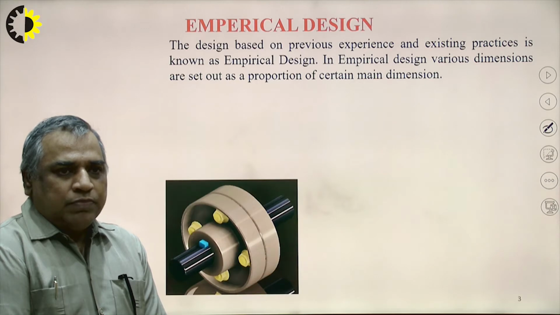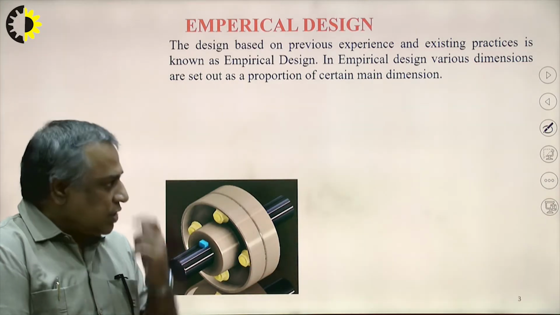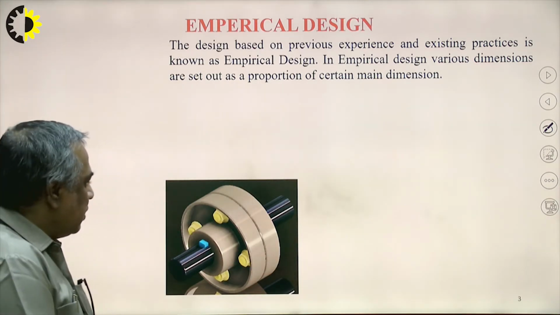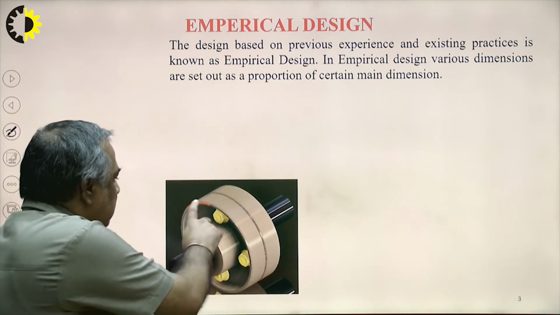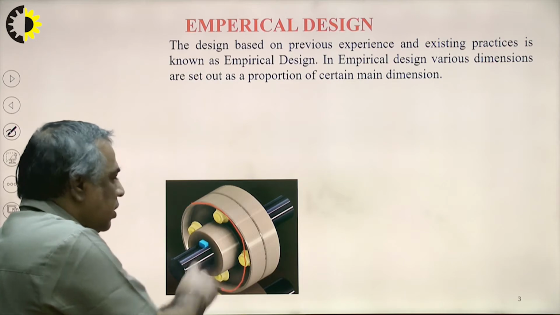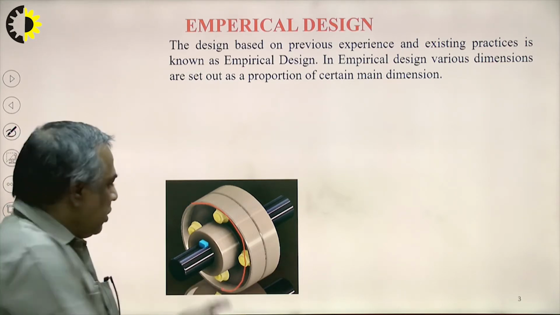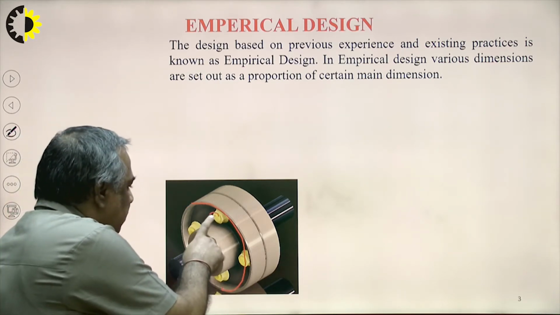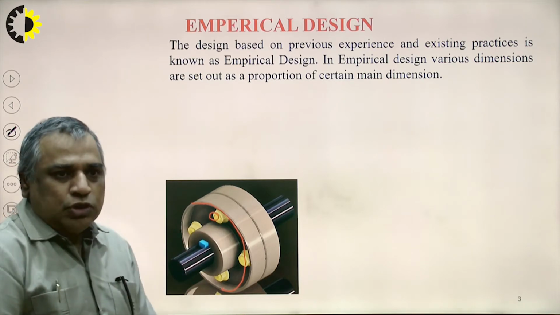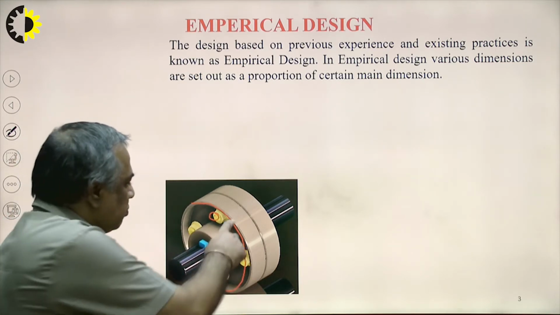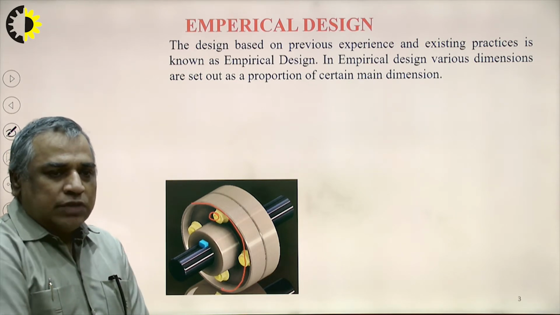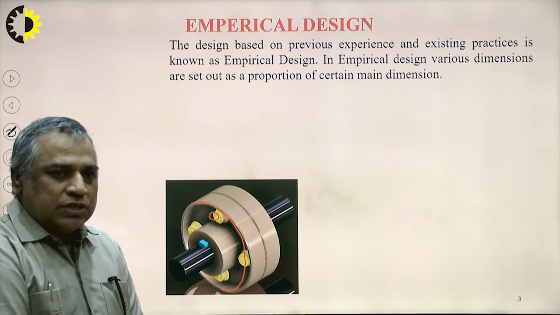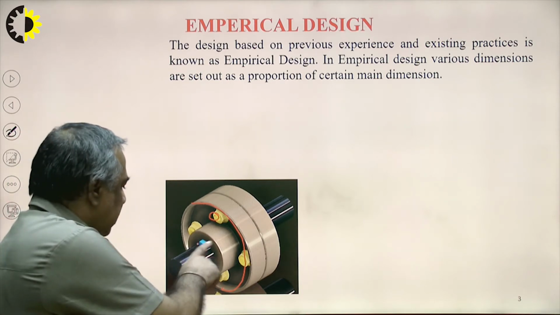For example, this is a protective type flange coupling. Here, this is the rim, and this will cover the portion of the bolt projected outside the rigid flanges, which are connected to the driving and driven shafts, and this is a key.